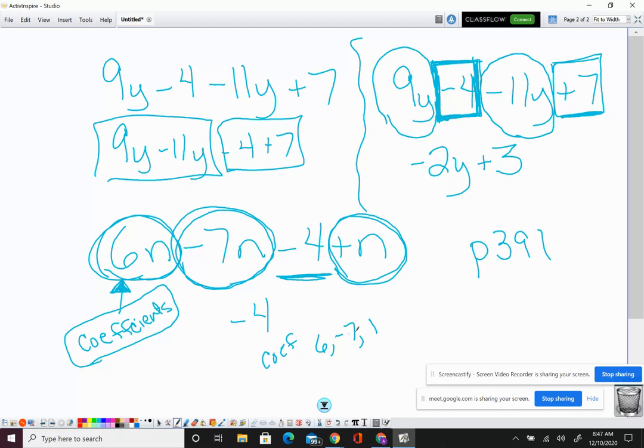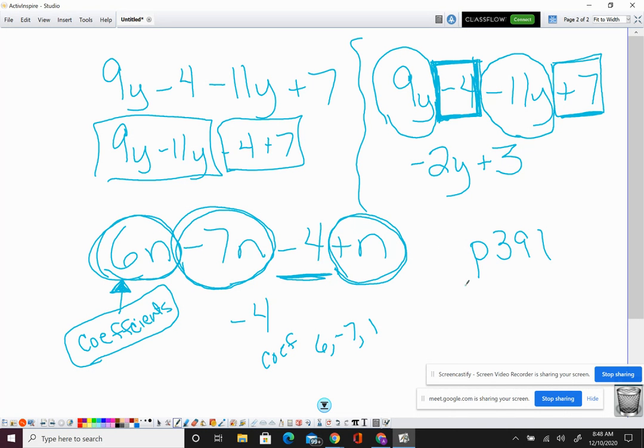The coefficients are the numbers out in front of the variables. We already talked about constant terms, like terms. I think we've pretty much covered everything from that section.